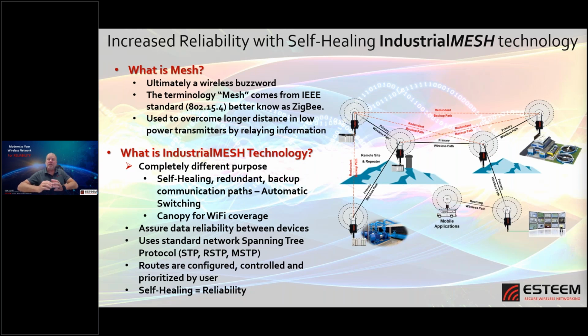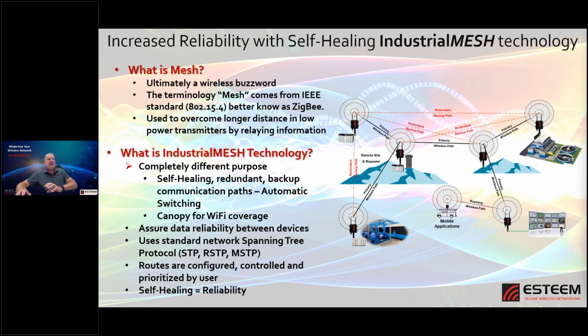We may want to go through a repeater as our primary path, but if something happens to that repeater, we want it to fail over to a direct link. You don't have to do that, but we want to give you full control. This all happens in the background, because this self-healing is what creates the reliability and stability of that network.